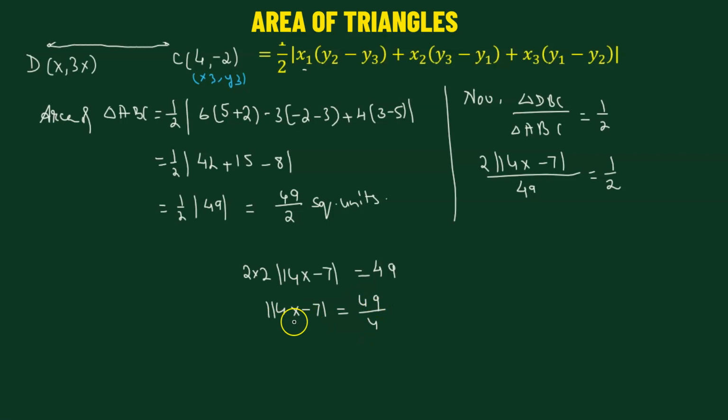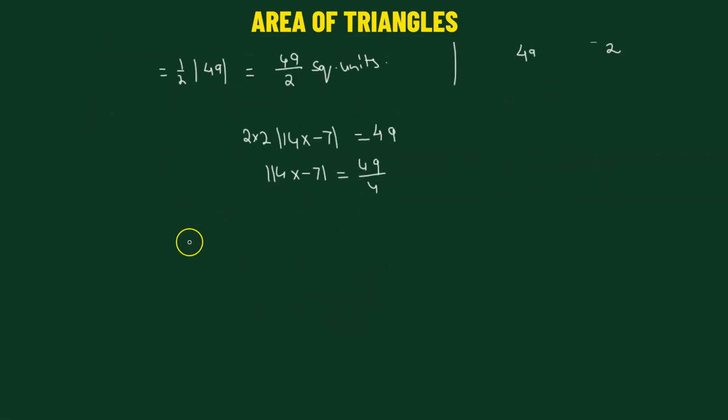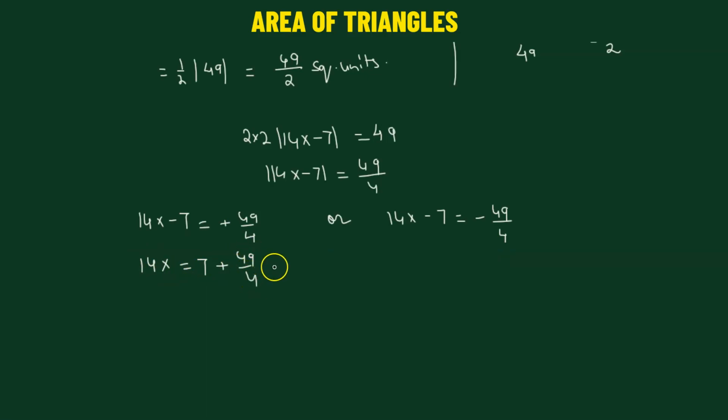Now since we have absolute value, there are two possibilities. The one possibility could be 14x minus 7 equals positive 49 over 4, or the other possibility where 14x minus 7 equals negative 49 over 4. So let's solve the two equations to obtain the value of x. So 14x will be equal to 7 plus 49 over 4, or 14x equals 7 minus 49 over 4.